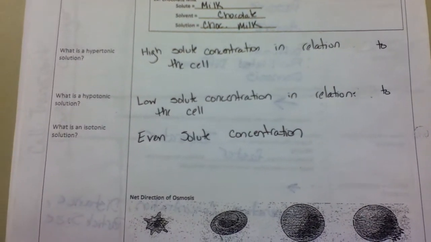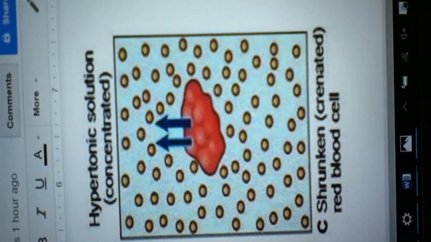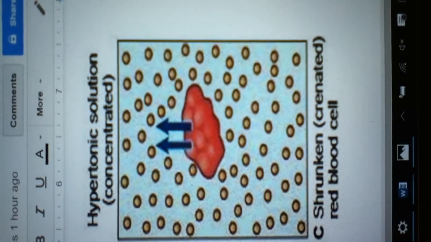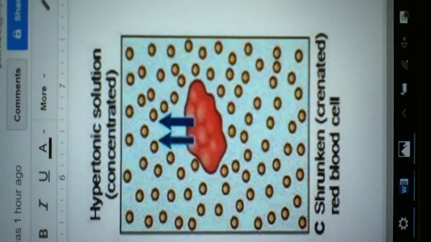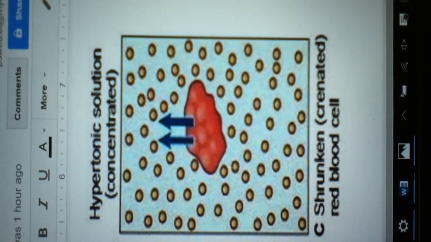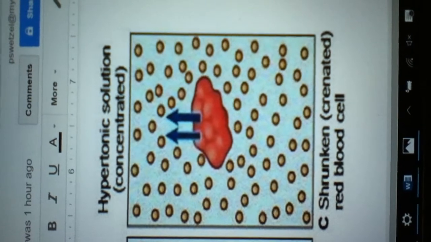So in a hypertonic solution, there's your cell, and it's shrinking because the solute concentration is higher on the outside. So the water that's inside of the cell wants to get out there and make even the concentration of water on both sides.